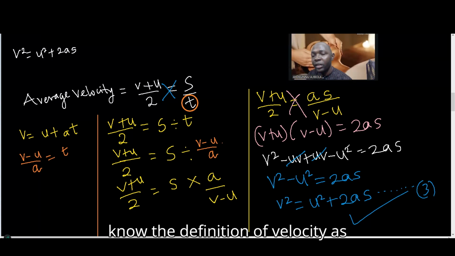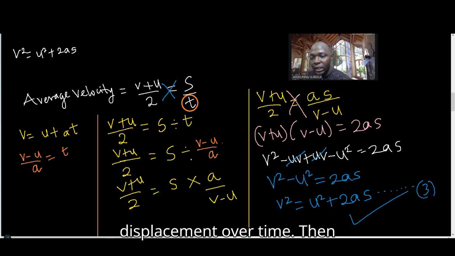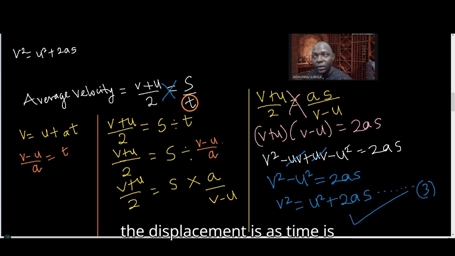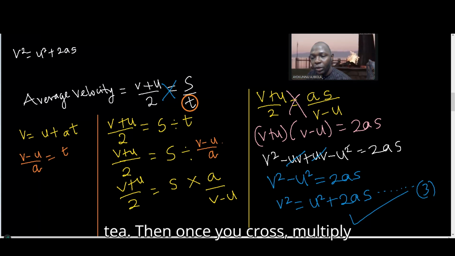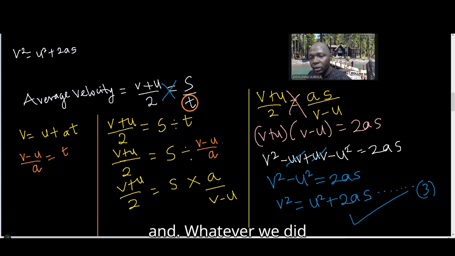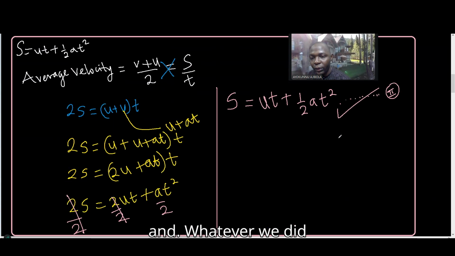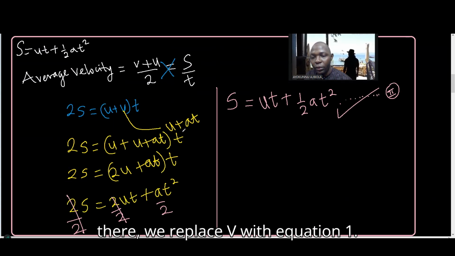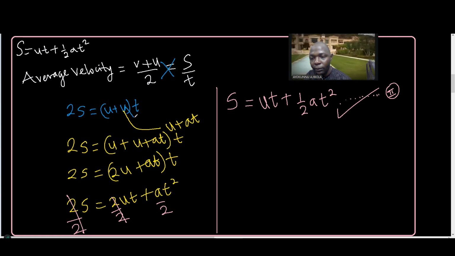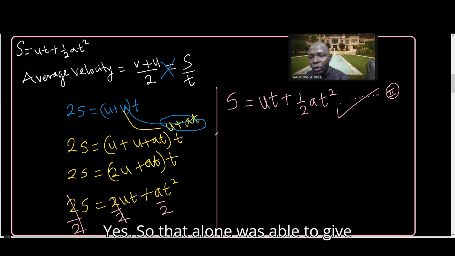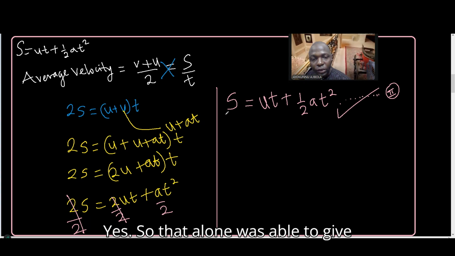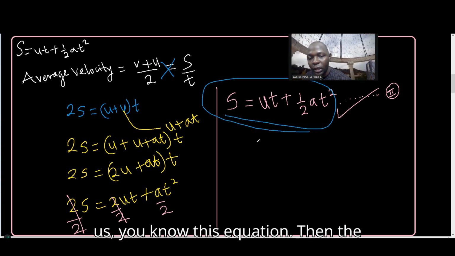Then you know the definition of velocity as displacement over time. The displacement is s, time is t. Then once you cross multiply and do whatever we did there, you replace v with equation 1. That alone was able to give us this equation.